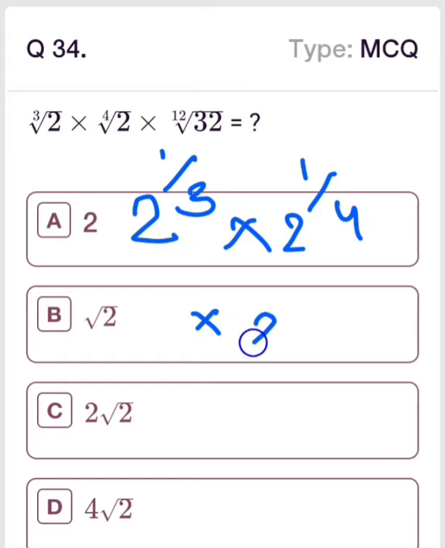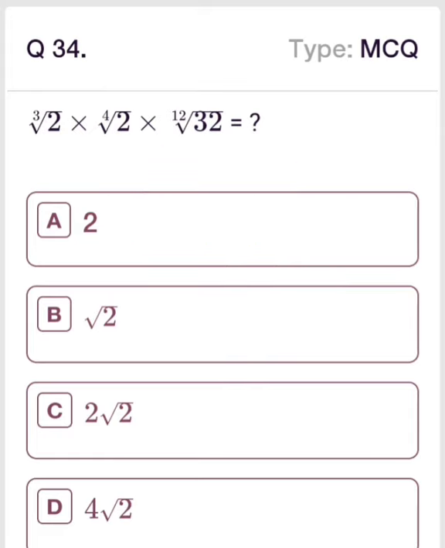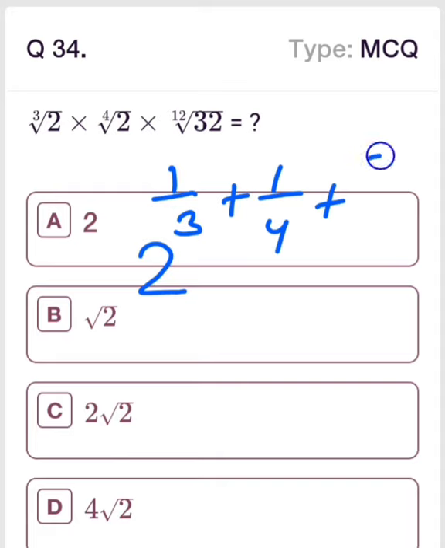I can write 32 is 2 power 5, no? So 2 power 5 upon 12. Here the base is the same, then powers will be added. How can I add? See, 2 power 1 by 3 plus 1 by 4, then 5 by 12.